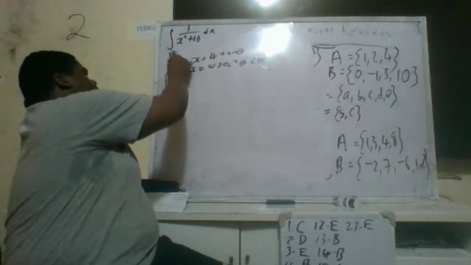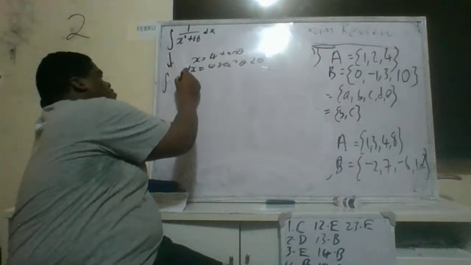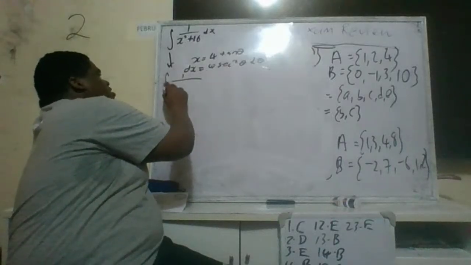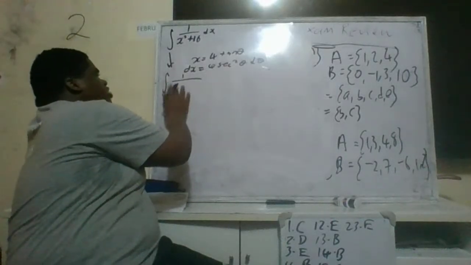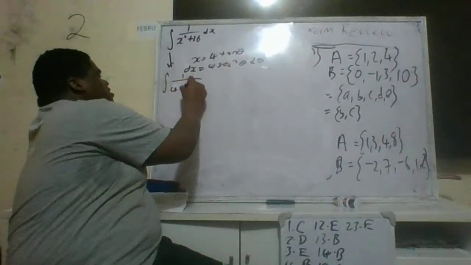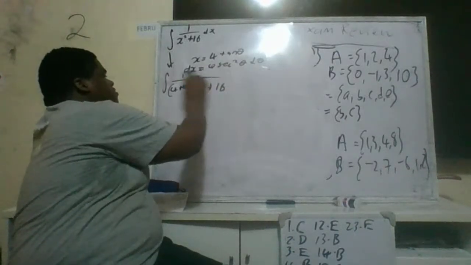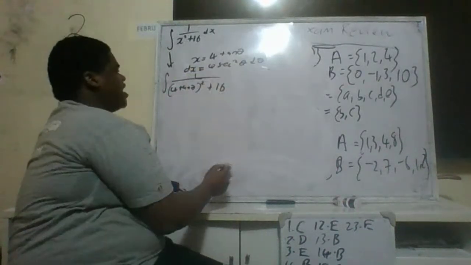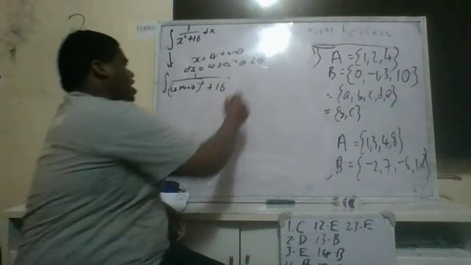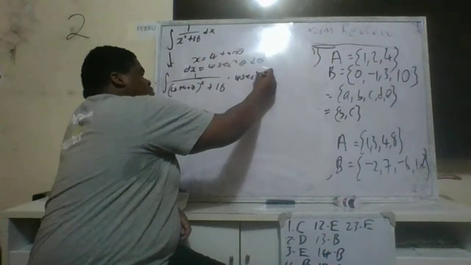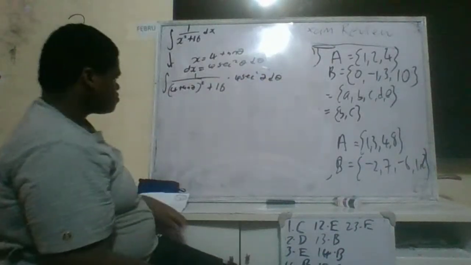If you apply the integral now, this will be the integral of 1 divided by x squared, so instead of x squared you're having (4 tan theta) all squared plus 16, dx. Instead of dx, you're going to have 4 sec squared theta d theta.